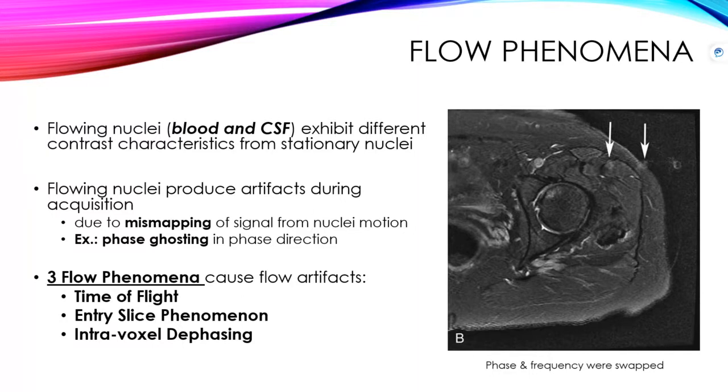What's happened here, and one thing to really remember, is that phase ghosting or mismapping only occurs in the phase direction. We'll talk about this more in our artifacts unit, so don't worry about why that is, but just know for now that phase ghosting or mismapping occurs in the phase direction. So when we look at this image of the axial hip, which direction is technically the long axis of the body?